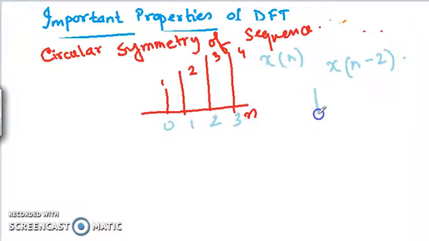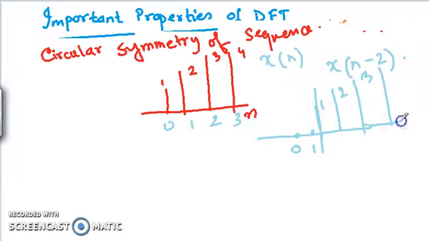That means the sequence will be 0, 0, 1, 2, 3, and 4. So the whole sequence has been shifted to positions 2, 3, 4, 5. This is what happens with a linear shift.